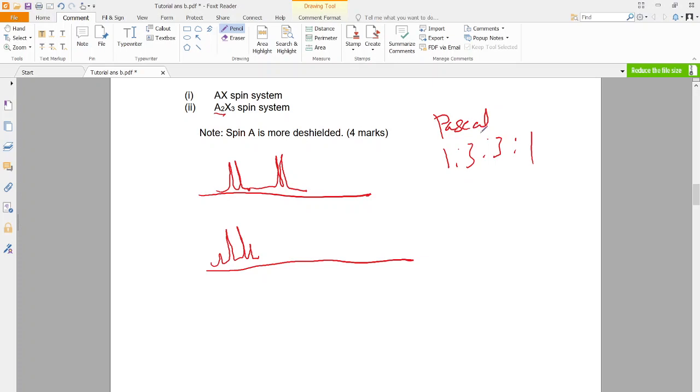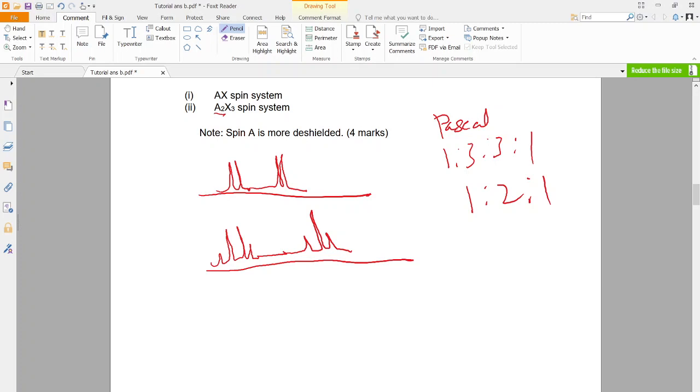Based on the Pascal triangle pattern, it's 1, 2, 1. So you need to see 1, 2, 1. The intensity doesn't matter too much, but as long as you see that the intensity is about 1 to 1. So you get the idea.